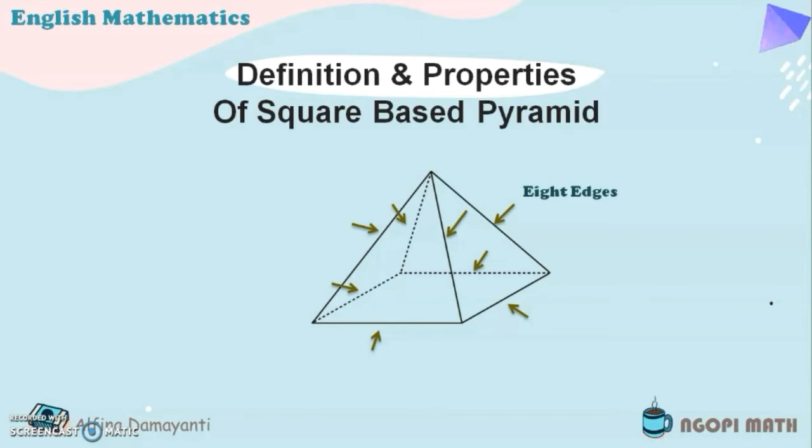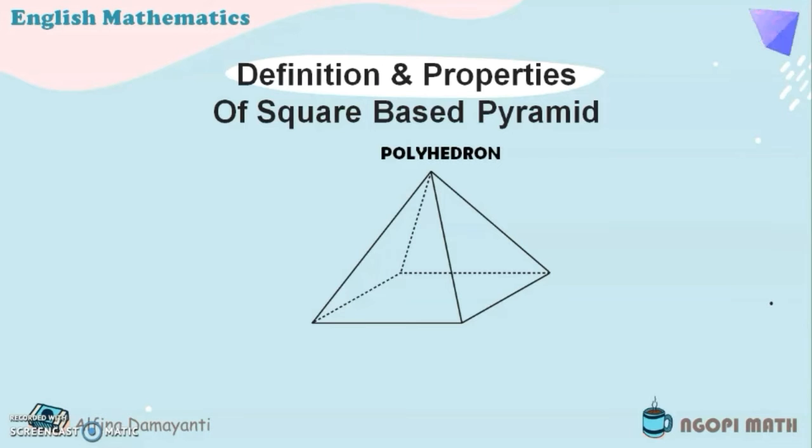The base of this pyramid is square and the top point is the apex. It was mentioned that a square pyramid is a polyhedron, but to be more specific, it could be called a pentahedron because it is a polyhedron that has 5 sides.